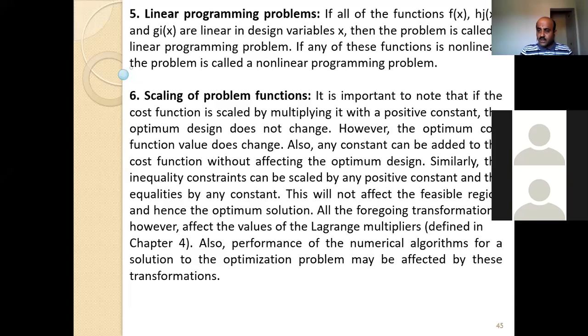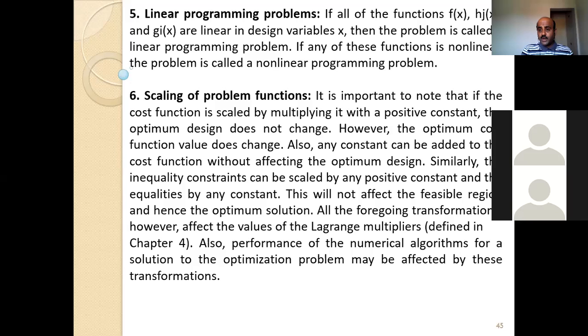What it says is, when we solved the problems, you might have seen that sometimes we multiplied the cost function by a constant value C. So the cost function can be scaled by multiplying it with a positive constant.